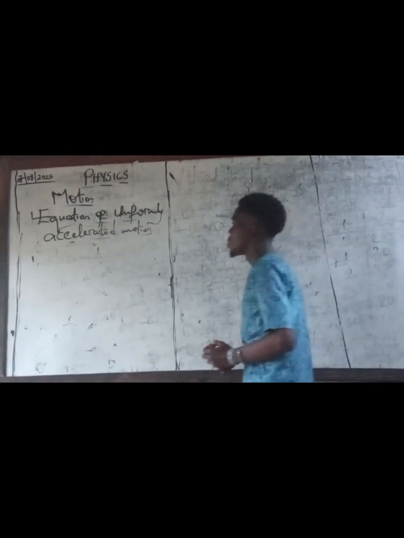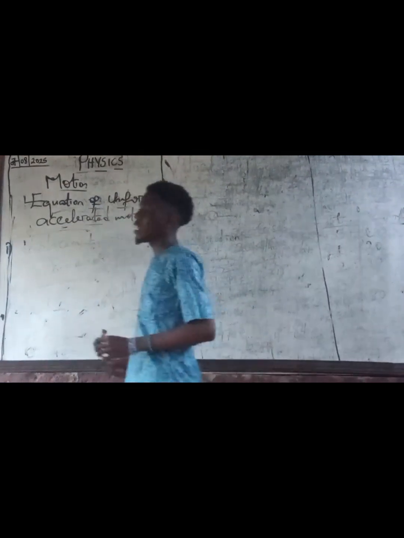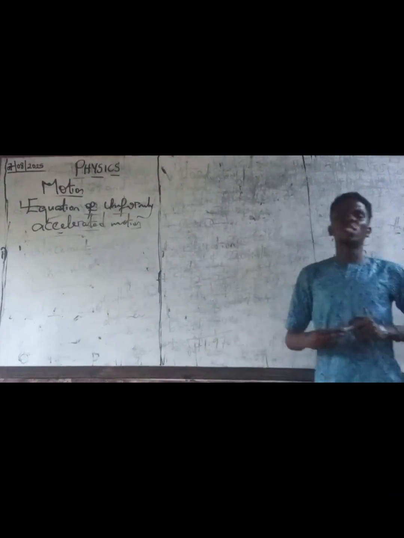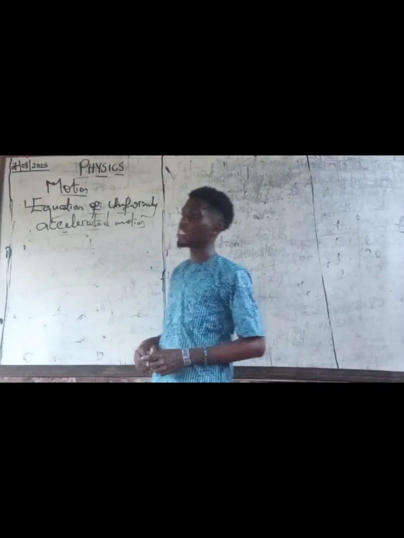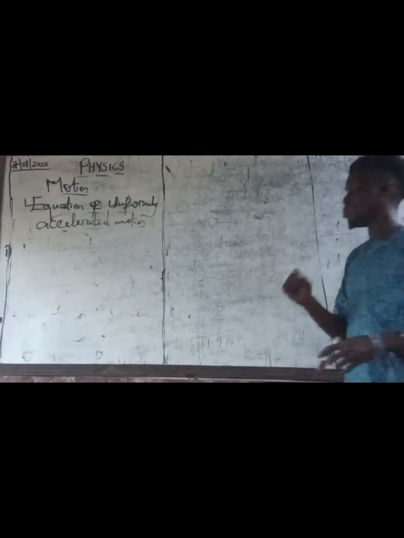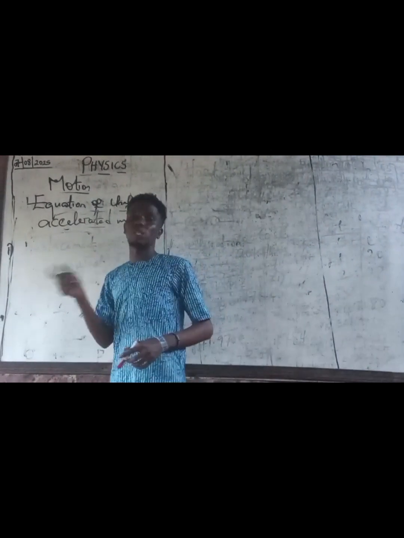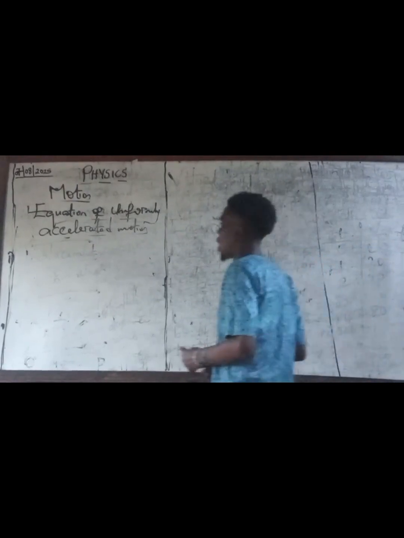alright? So the first equation I'm going to show to us is, now velocity, like we said velocity is the displacement of a body per unit time. The displacement of the body per time, unit time, or the change in displacement, the change in distance or displacement of a body per unit time. So let's go.